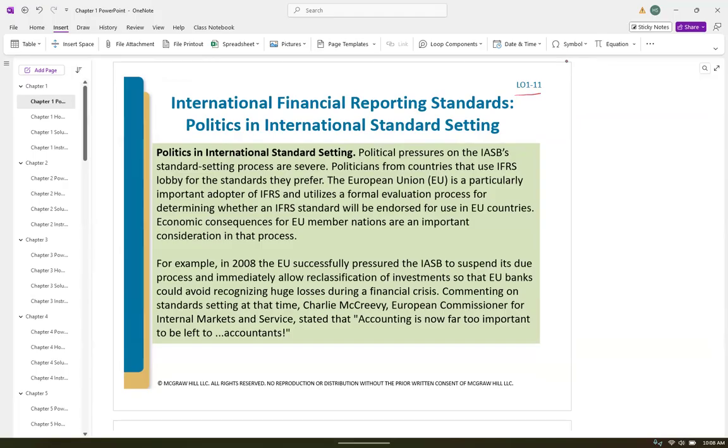What I thought was so interesting, so they come all the way down here, and this guy, Charlie McCreevy, European Commissioner for Internal Markets and Services, stated that accounting is now far too important to be left to accountants. I just find that hilarious because you would think accountants would know best about how to report things. Basically, we as accountants just follow the rules. The standards are already set in a political process.